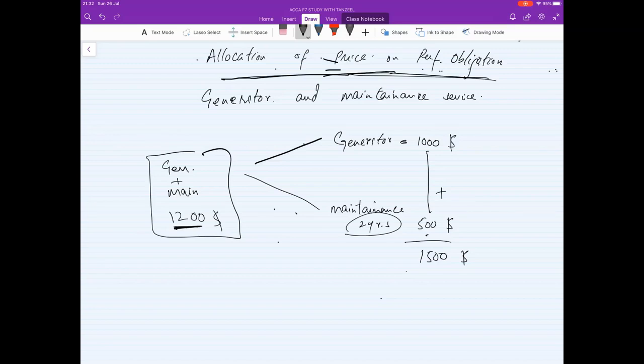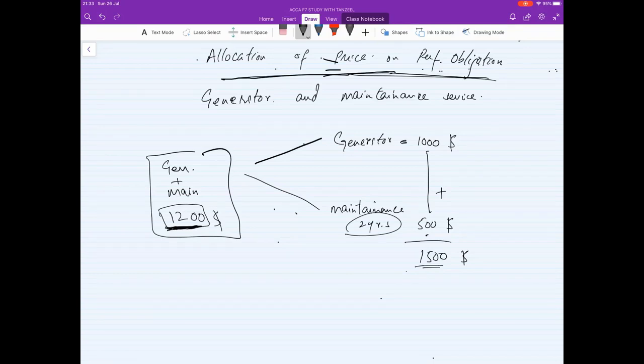Separate standalone prices are 1000 for the generator and 500 for 2-year maintenance. It means 1500 standalone price. But as a combined price, if you take generator and maintenance both together from me, then I will charge you 1200. In this case, how will we allocate the price, how much from 1200 to take to generator and how much to maintenance?